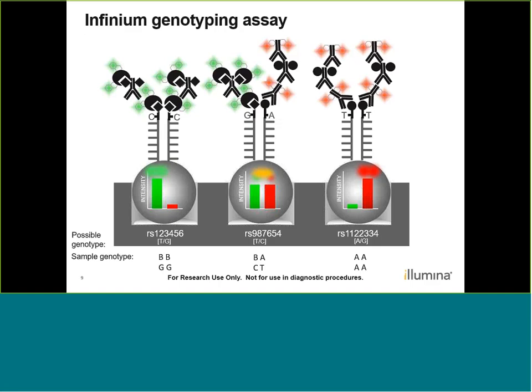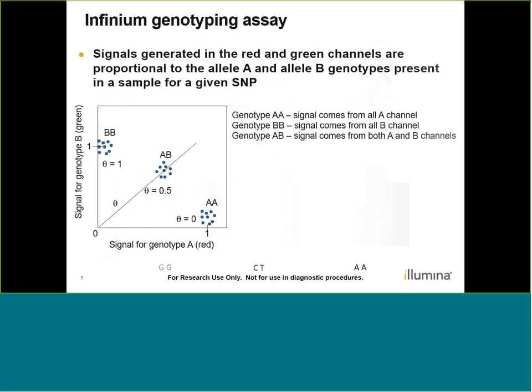So now let's correlate these colors with how we determine genotype. If we plot the red channel on the x-axis and the green channel on the y-axis, we can see three distinct populations correlating with the AA, AB, and BB genotypes.